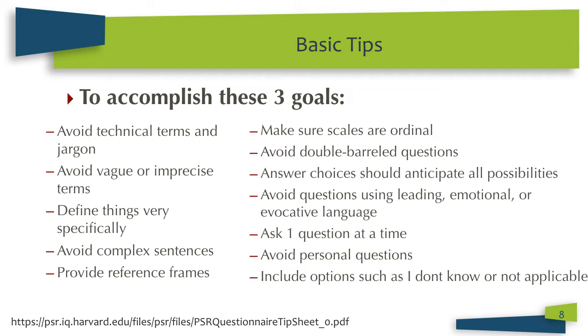Then you have to avoid double barrel questions. What does a double barrel question mean? The basic idea is that questions should be measuring only one thing. Double barrel questions basically try to measure two or more things at one time and through one sentence.